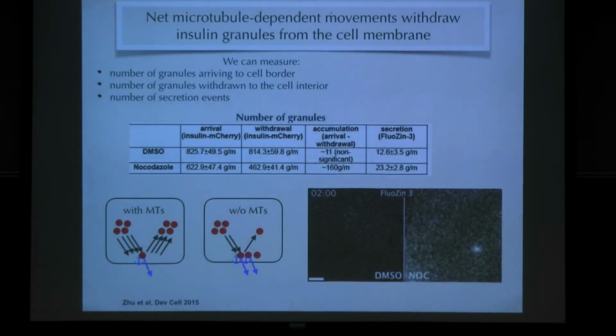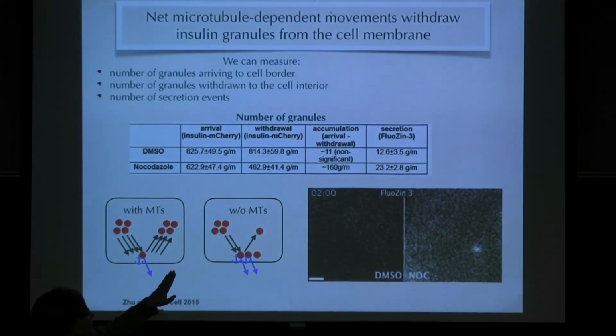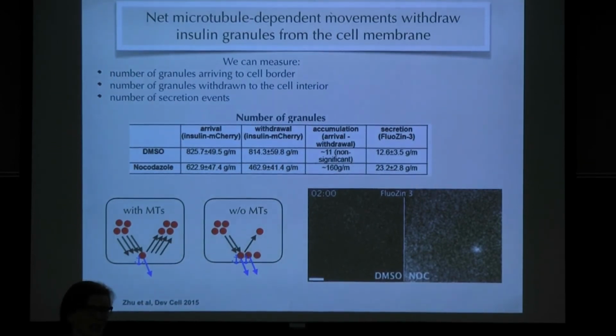Interestingly, this non-significant difference between arrival and withdrawal that we see in control cells is the same as the number of secretion events per cell that we see. It is not a significant difference, but it correlates very well with how many granules actually have to be secreted.